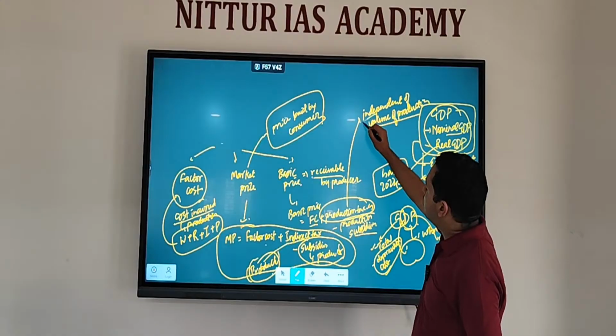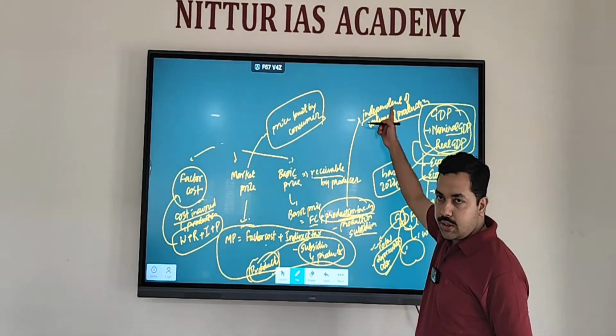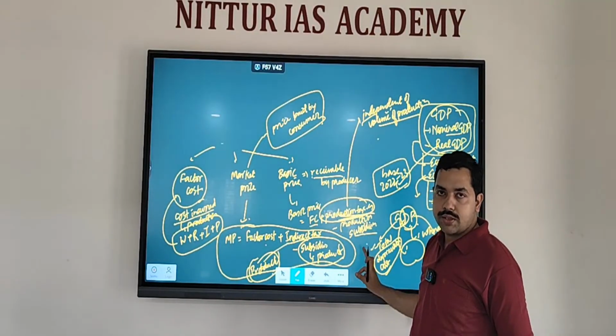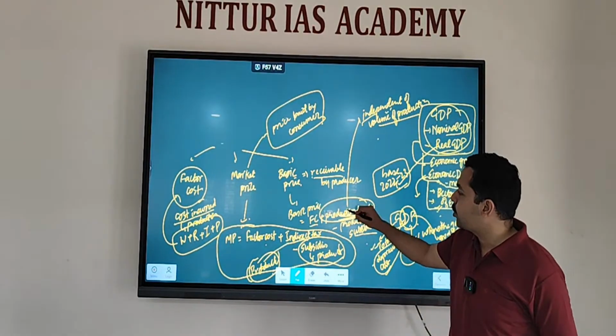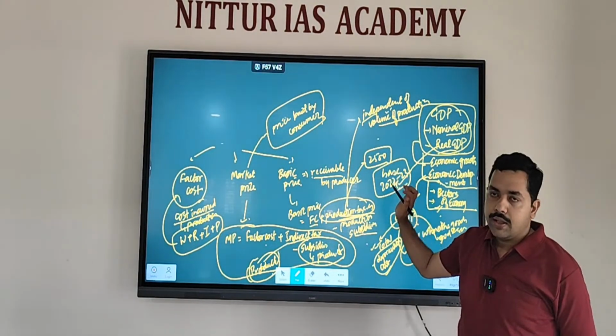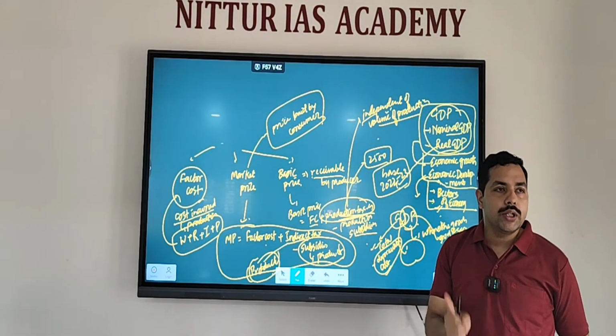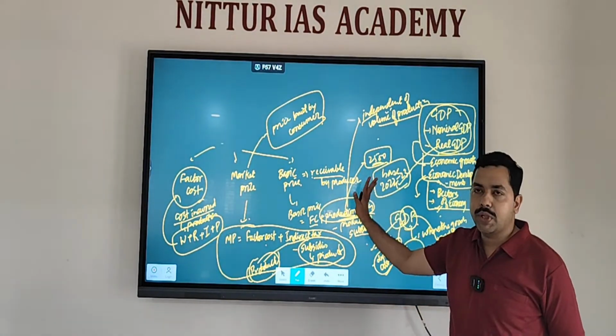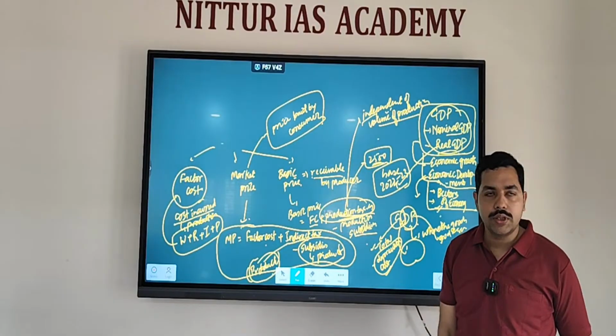It will not increase or decrease with your production. That's why they are called production taxes and production subsidies. For example, the maximum professional tax you have to pay is 2,500. Whether a lawyer is serving 10 clients or 100 clients doesn't matter. They have to pay 2,500 only. Clear?